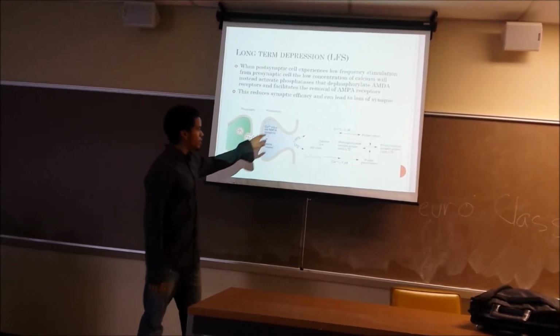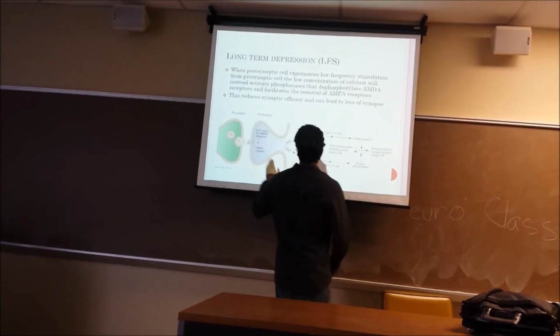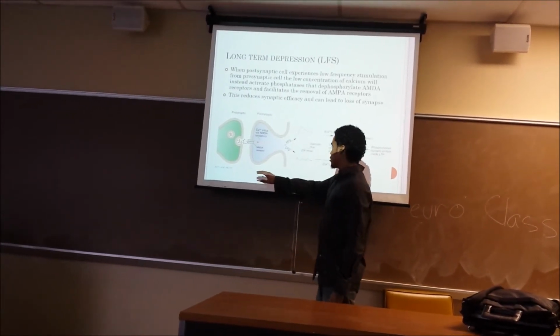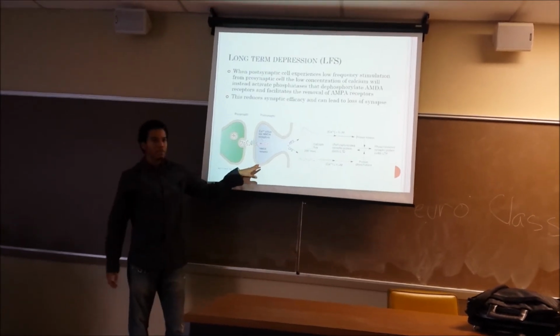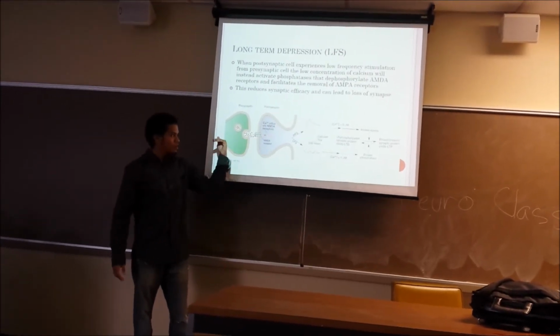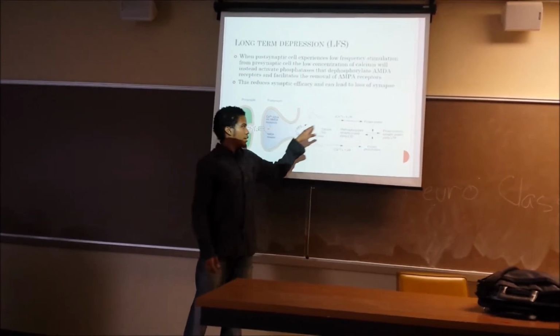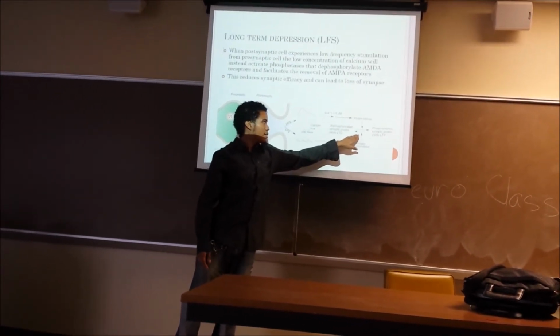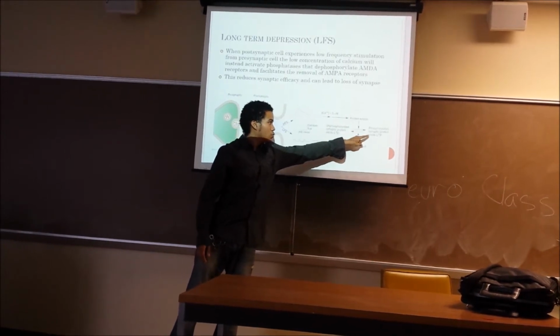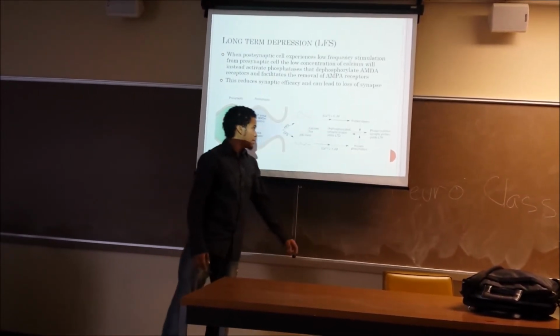What determines whether it's going to undergo LTP or LTD is the frequency of stimulation. If this postsynaptic cell is constantly stimulated and there are high calcium concentrations, it'll lead to activation of the protein kinases, and that'll lead to production of LTP.